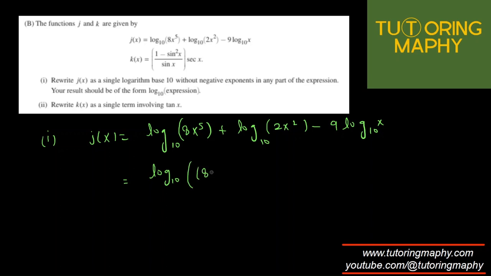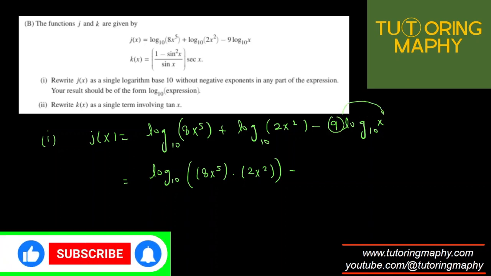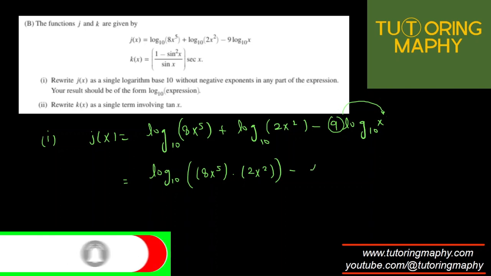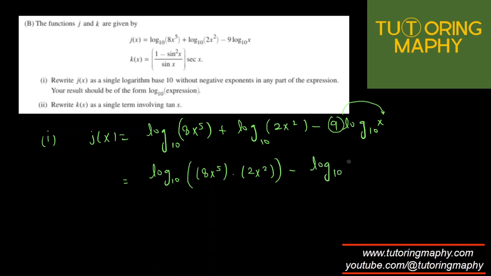So a times b means the first term, 8x raised to 5, times the second term, 2x squared, minus, and I think I can use a property here as well, reverse engineering what we did in the previous part. We know that this 9 can be moved to the top, just like anything on the power can be moved outside. So I'm going to reverse engineer this and write it as log of x raised to 9 with a base of 10.